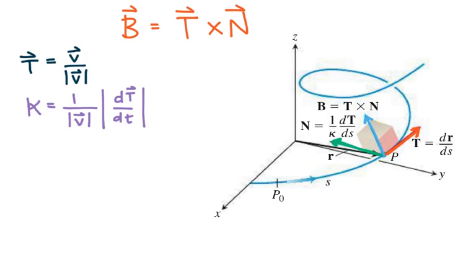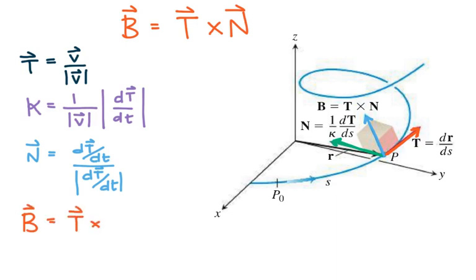And then our unit normal vector is that derivative of the tangent vector, again divided by that magnitude to make it a unit vector. So now we've introduced this one other piece, and that is that the B vector is T cross N. One thing you do want to make sure you pay attention to is that the order is important when you're dealing with a cross product.